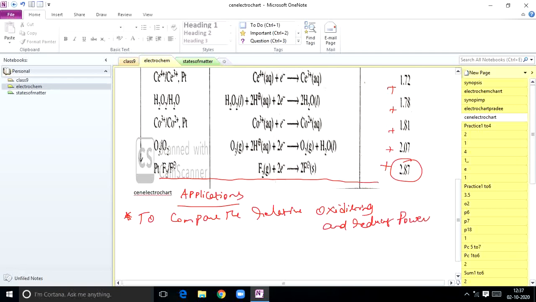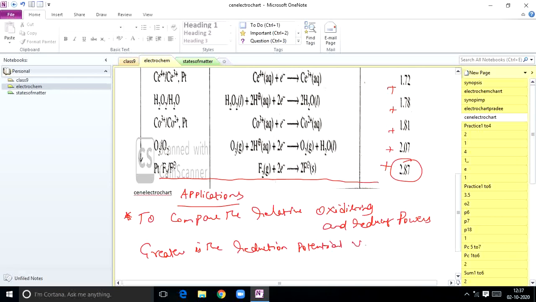So here, how can you compare? As per sign convention, the positive sign is used to represent reduction potential. Greater is the reduction potential, more easily the substance is reduced. Very important.